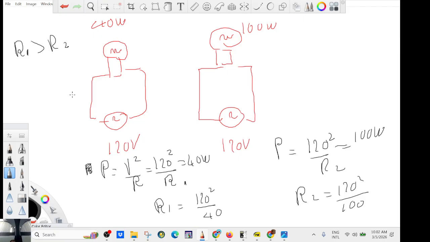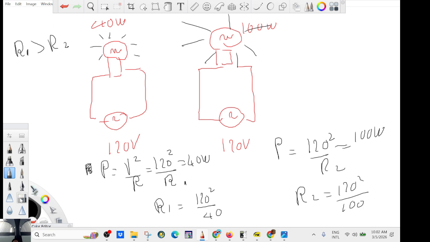It makes sense, because if you have more resistance, it will make it harder for the current to flow, and that's what you want. It's not going to be as bright. Okay, so this one will be brighter, it's going to consume energy quicker, higher metabolism. Do you agree? But so that's good.